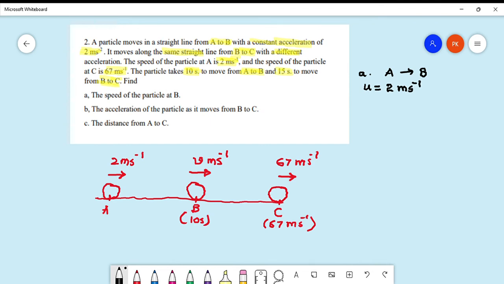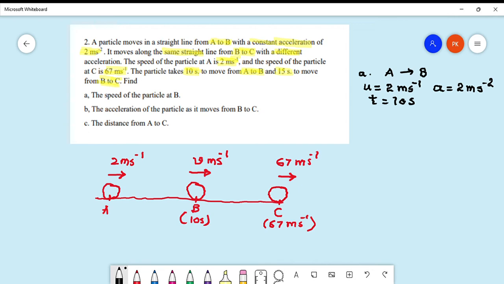Then the particle is traveling from A to B with a constant acceleration of 2 meters per second square. So a is equal to 2 meters per second square. Then it is taking 10 seconds, so t is equal to 10.